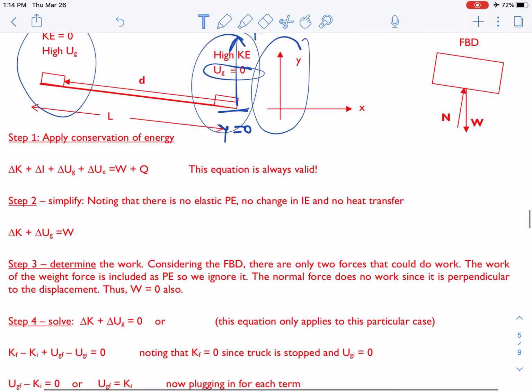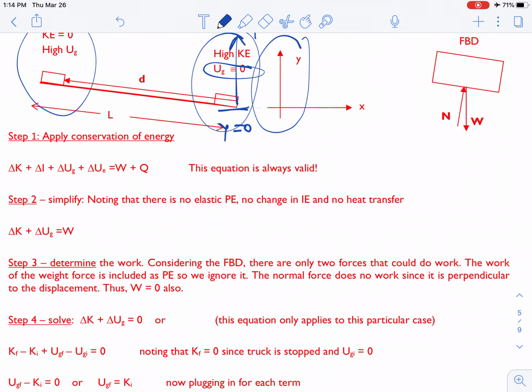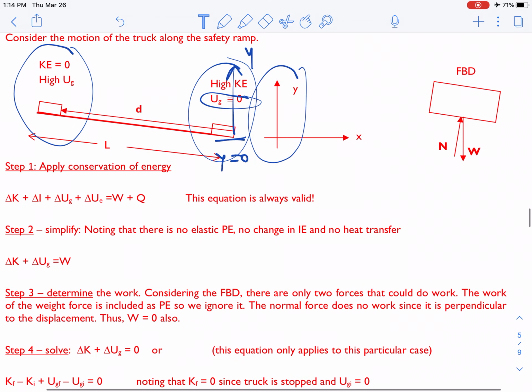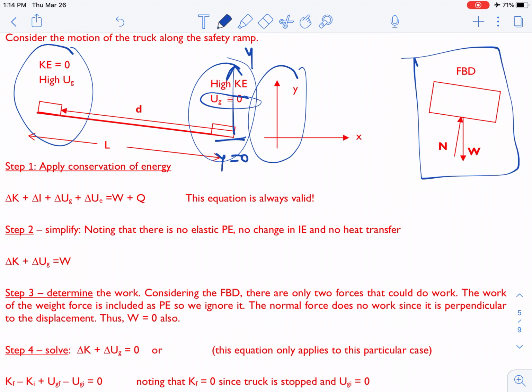Now, first step is, you have a nice figure. Let's just talk about the free body diagram. I usually do this as a second step when I work on my work term, but you can do it earlier as well. Since there's no friction, no drag, all those things are neglected. There's normal force upward and weight force.